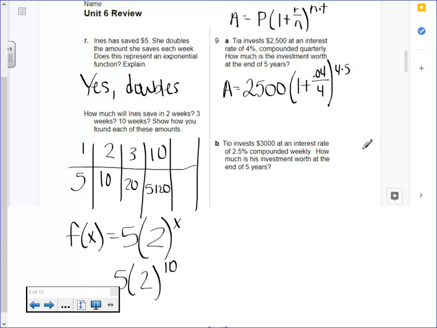I would type it into my calculator just like it says on my board, exactly like that, even the parentheses and everything. That's not correct.